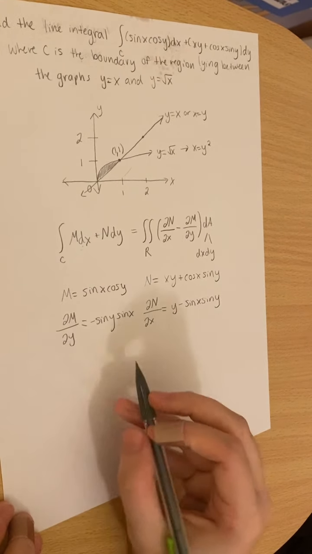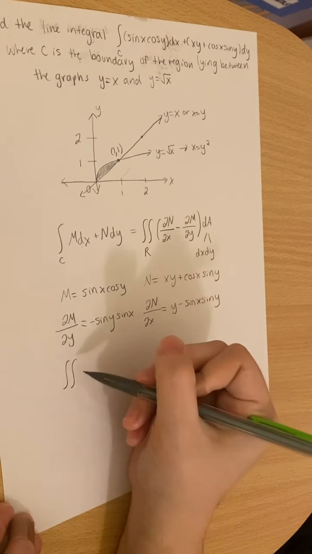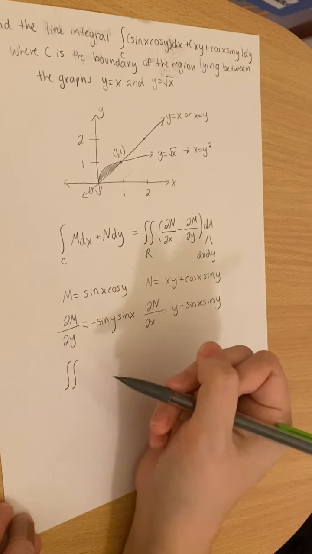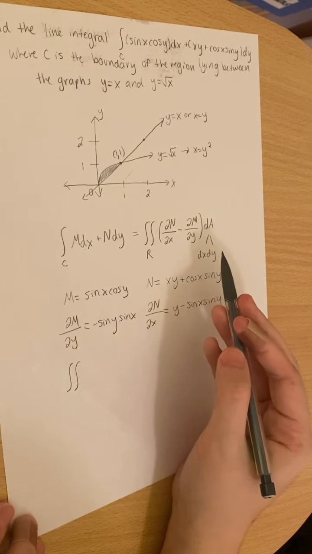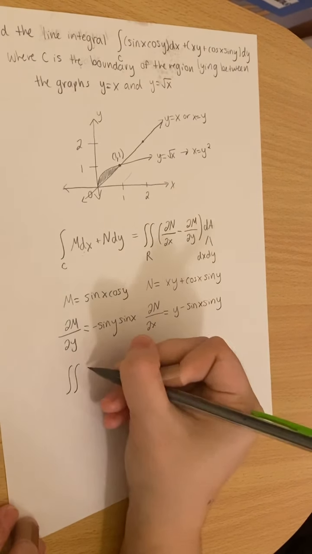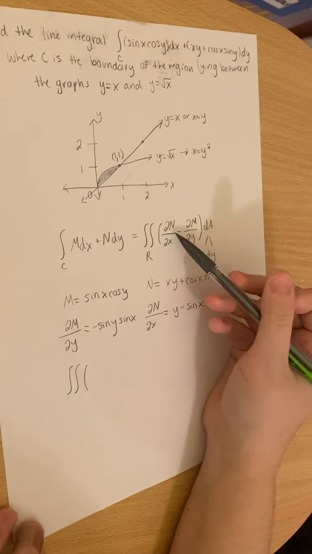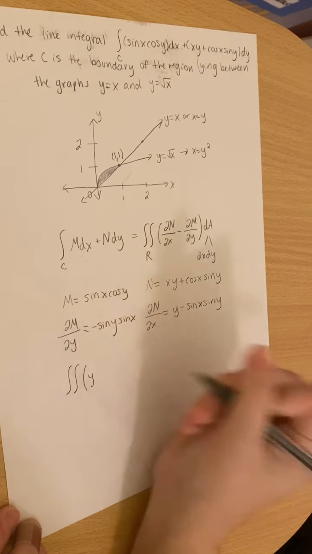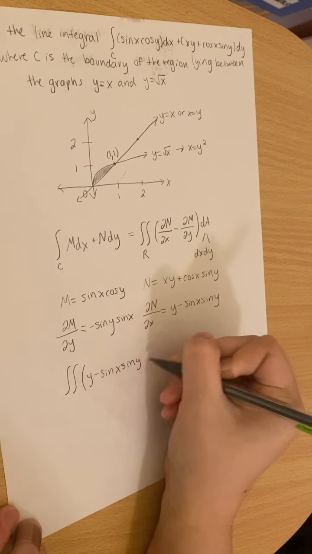So now, plugging these into our formula here, I'm not going to write down the limits of integration just yet. I will in 1 second. I just want to write this down here and plug it into our formula. So it's first the partial derivative of n with respect to x. So I'm going to write y minus sine x sine y.